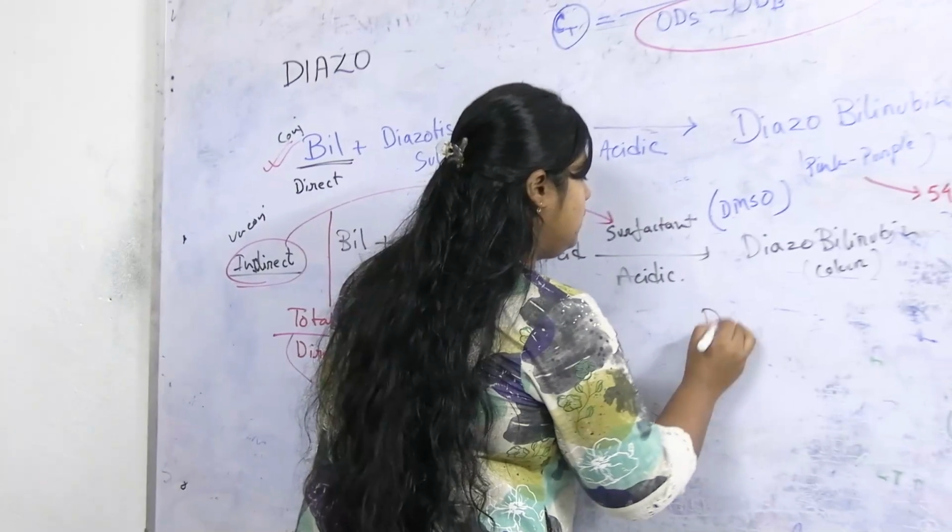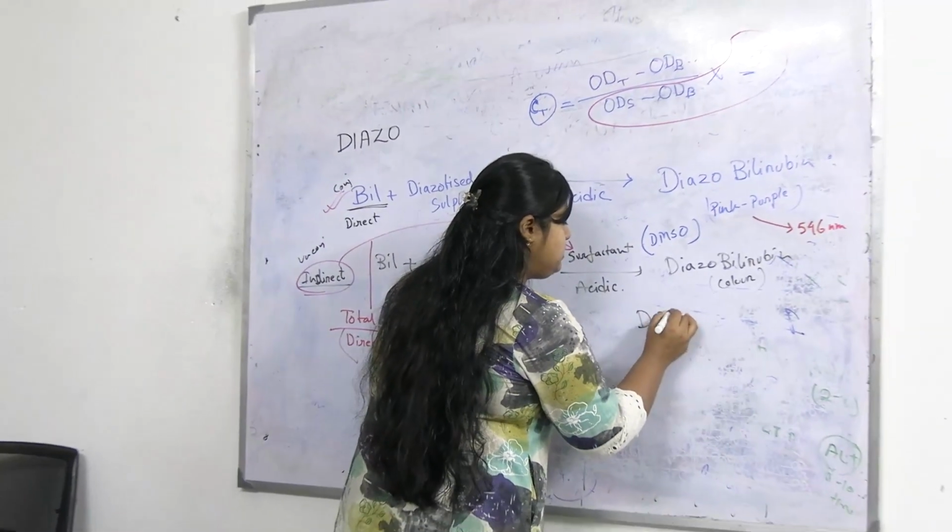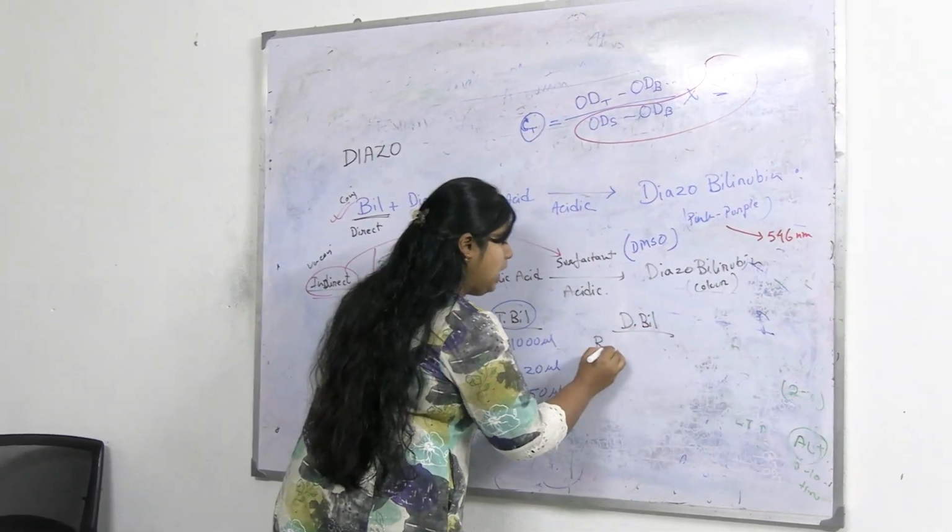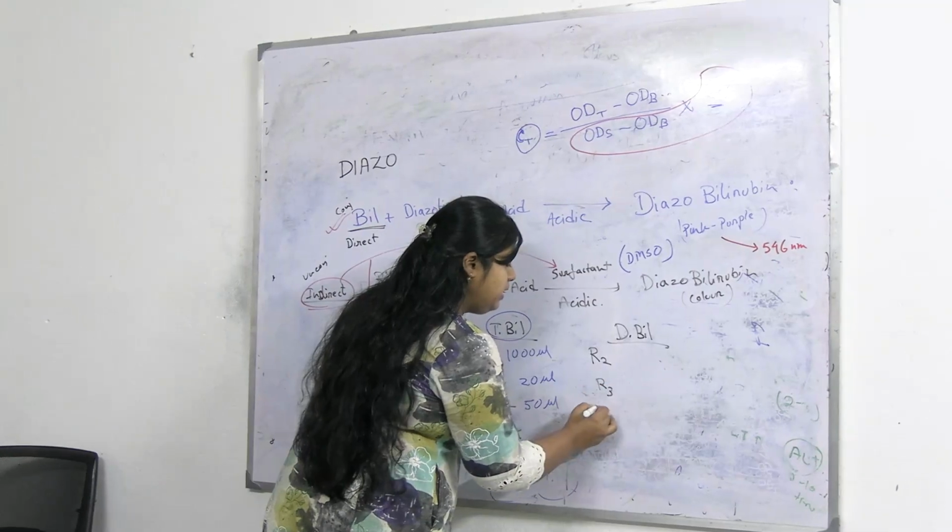For direct bilirubin estimation, we have to take R2, R3 and sample.